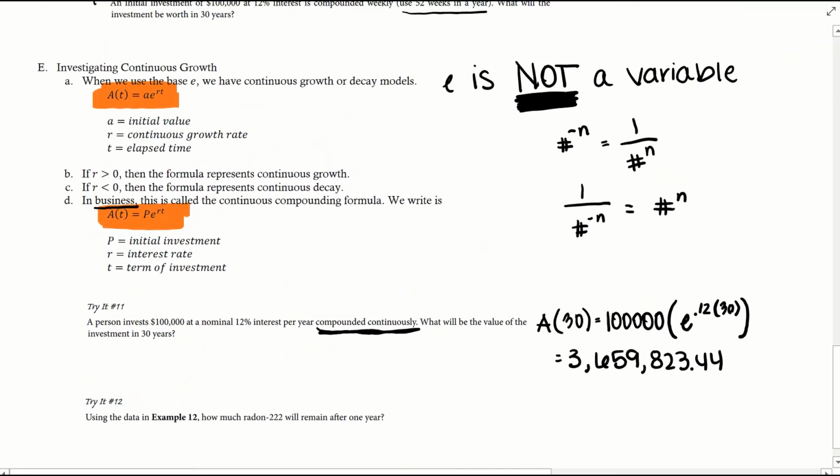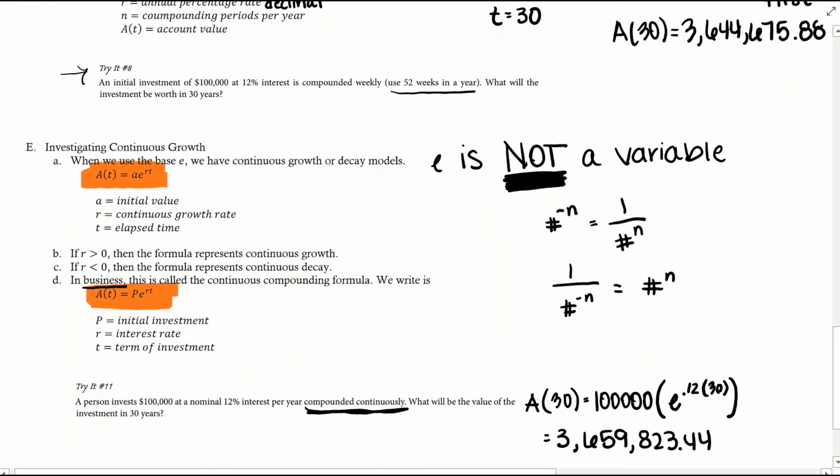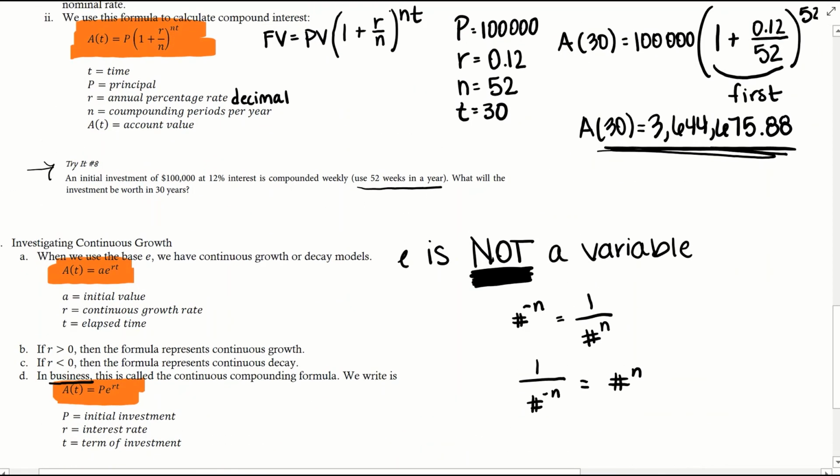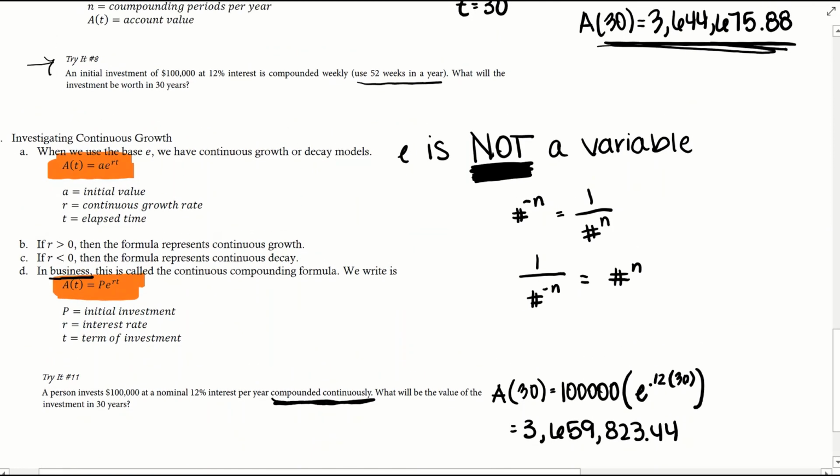$3,659,823.44. So here's our previous, when it was just compounded every week. And here's what we have when it is compounding continuously.